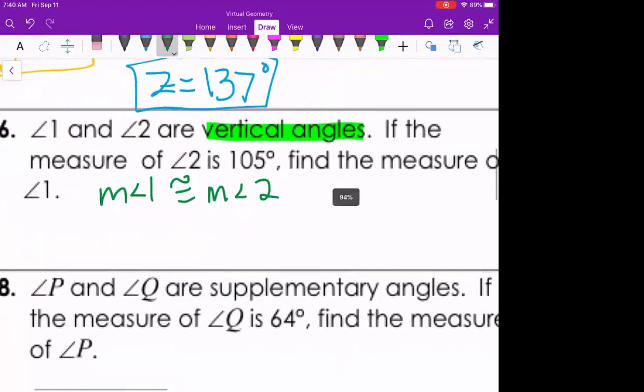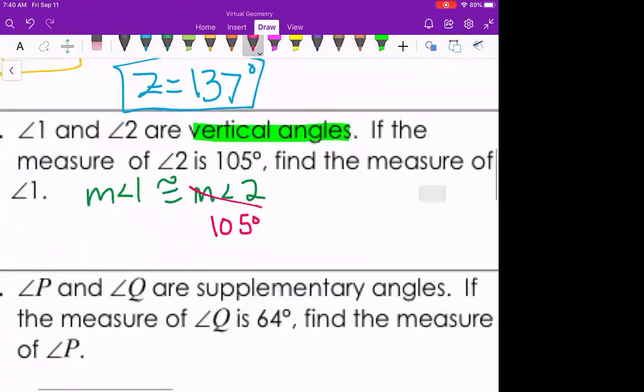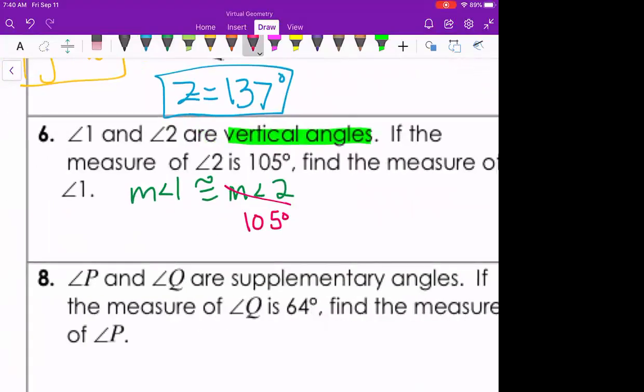Okay, so if the measure of angle 2 is 105, find the measure of angle 1. Well, if they're vertical, they're congruent. So then the measure of angle 1 is 105. Let's try the next one.